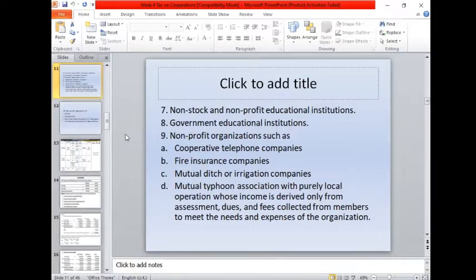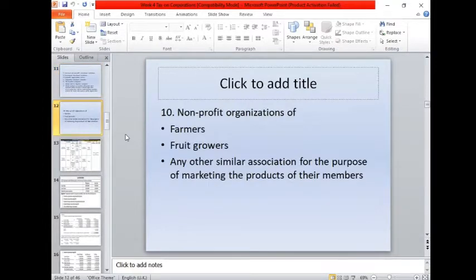Okay. And also the non-profit organizations for farmers, fruit growers, and any similar association for the purpose of marketing products of their members. So those are the corporations whose income or proceeds are non-taxable.